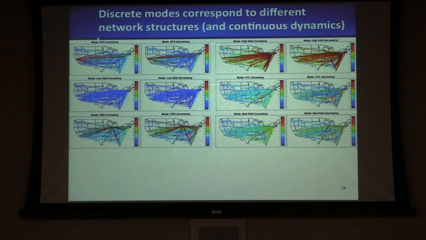The difference between these two is that this one is times when the delays were increasing, going upwards, and this one was when the delays were going downwards, and they don't look exactly the same. Then you have a mode where system-wide the delays are high. I should point out that the red lines correspond to a median delay of 45 minutes, which means that a median flight between those two airports is 45 minutes late.